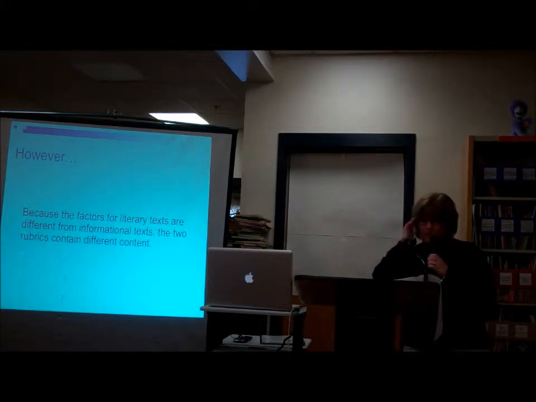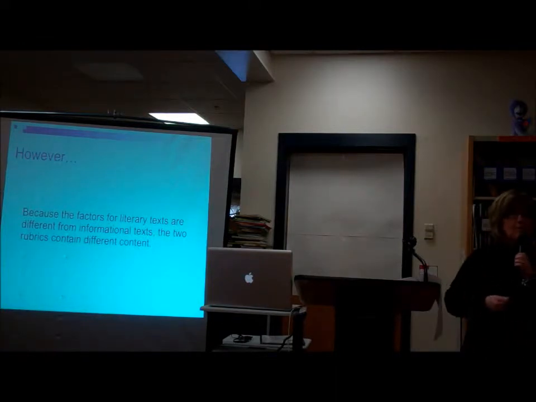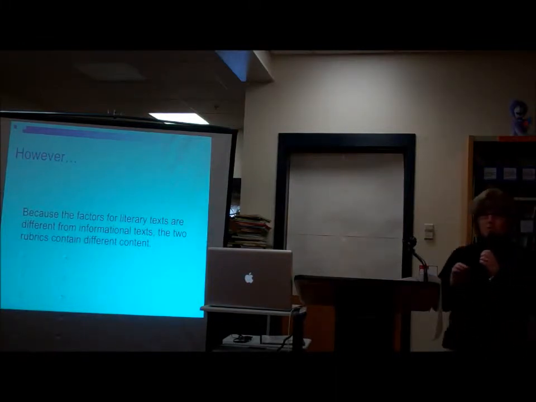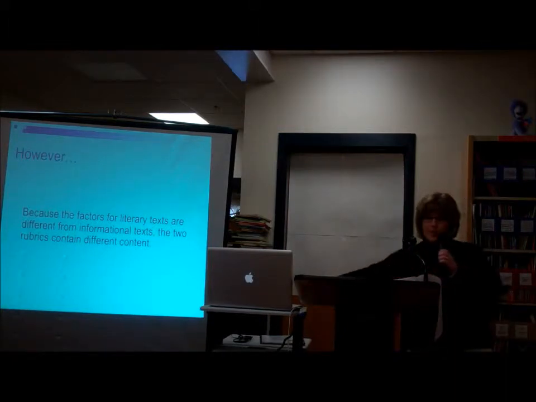So we're going to look at some texts today, similar to what we did with the Grapes of Wrath, and look a little bit more at the rubrics. If you could just take a couple of minutes in your packet, below the first page where Anne showed us about the bands, there are the two rubrics that we have available to us right now that will assist us. The first is literary text, and the second is informational.